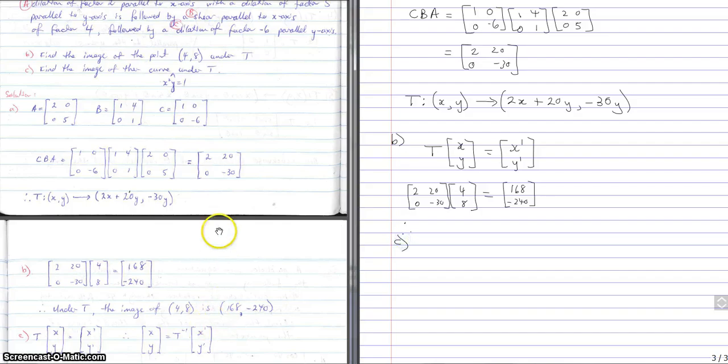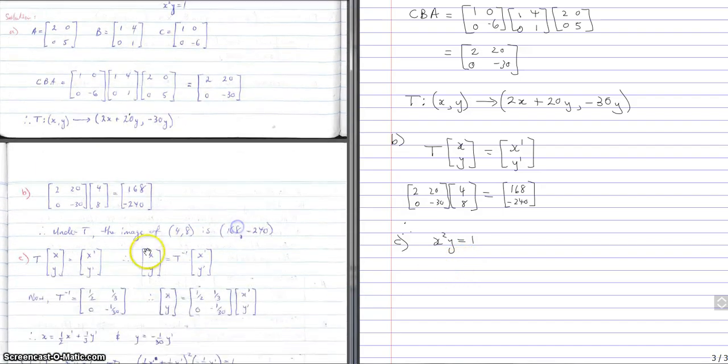Part C, find the image of the curve under T. Yes, the curve x squared y equals 1. So that's the curve that we've been given, x²y = 1, and we are going to find the image of that curve under that transformation.